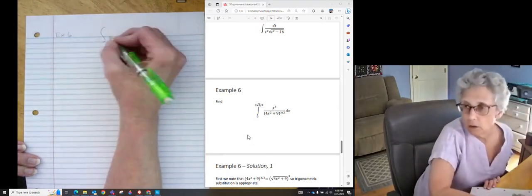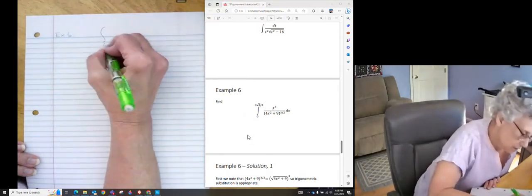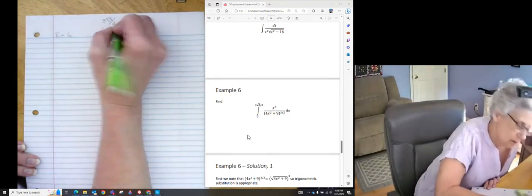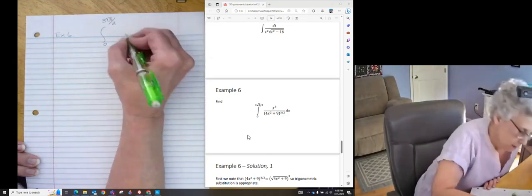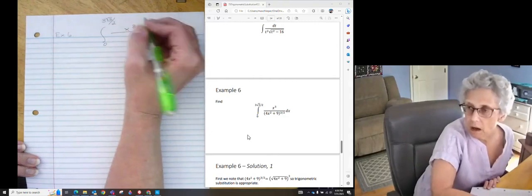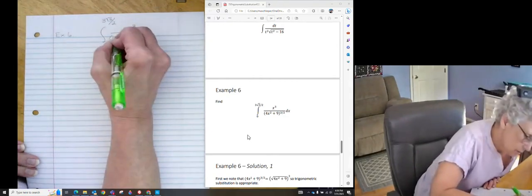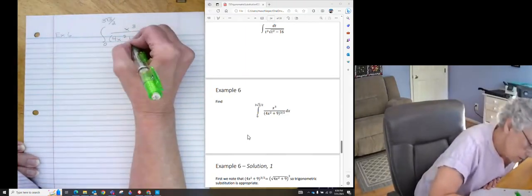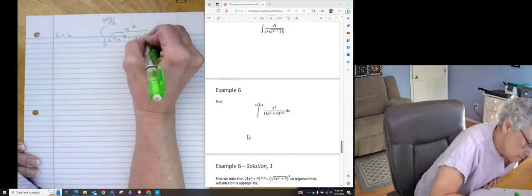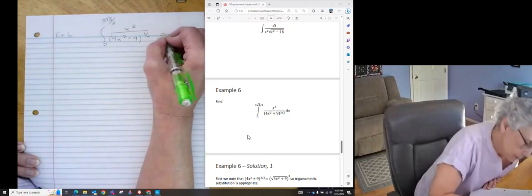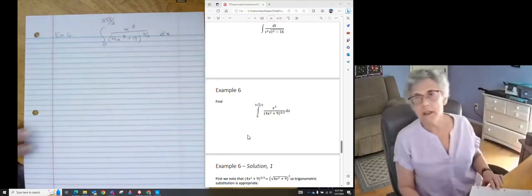We have a definite integral. We're going from 0 to 3 times the square root of 3 over 2. We have x cubed living on top of 4x squared plus 9 to the 3/2 dx.